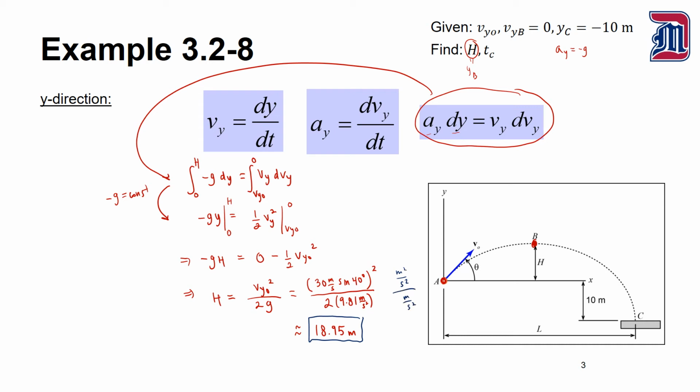And so the seconds squared cancel. One of the meters squared cancels with the meter in the denominator, and so we're left with the total units of meters, which is what we should end up with. That is the height of the particle. Height is in meters. So that gives us one of our unknowns.